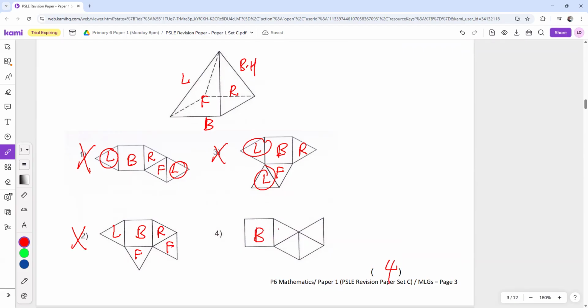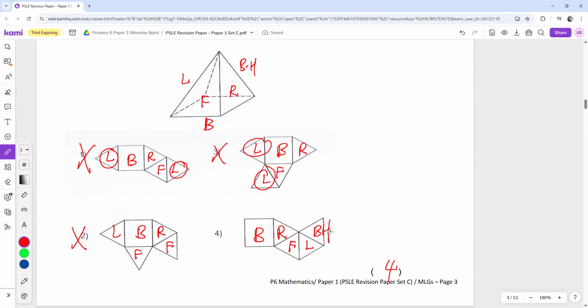Okay, then this one. Bottom, right. This will be your front. You have to mentally visualize. If you can't see it in your mind, then you cut out the paper and see whether it can form into a pyramid. Then this one will be your left, and this is your behind.